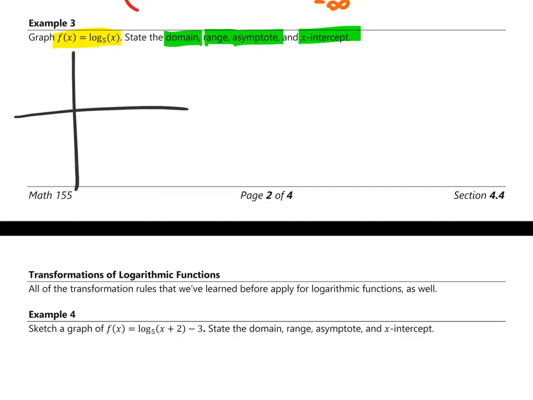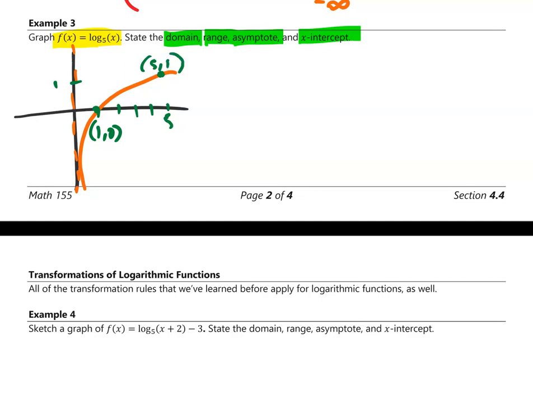We know that we have a vertical asymptote at x equal to 0, and this is the graph, where you have the x-intercept at (1, 0), and you have a key point at (5, 1).